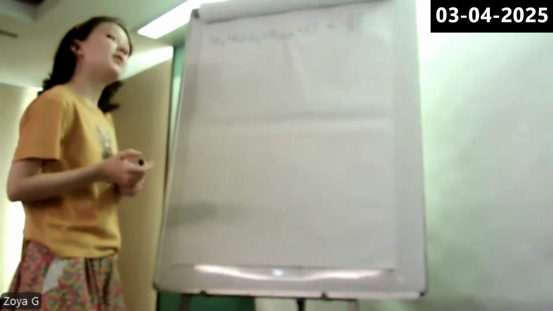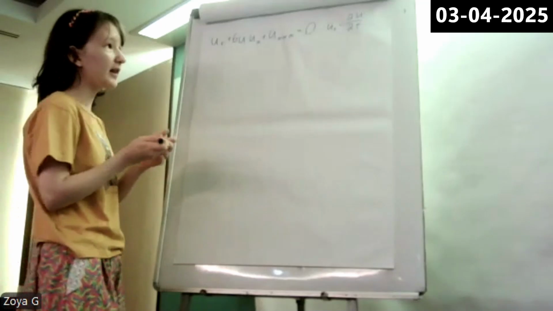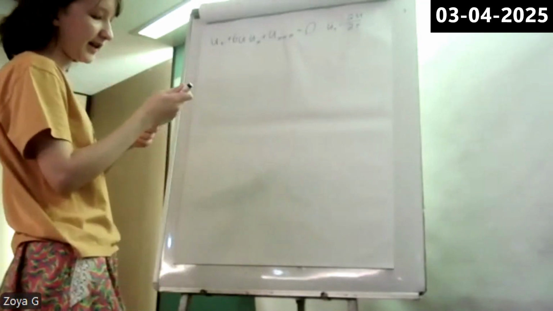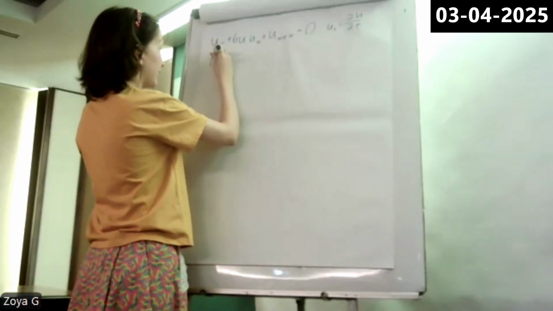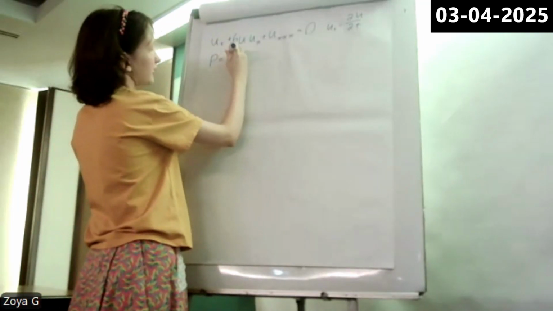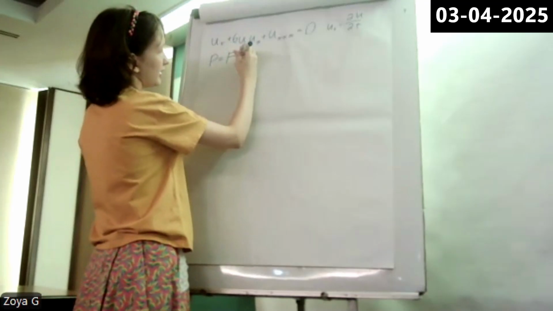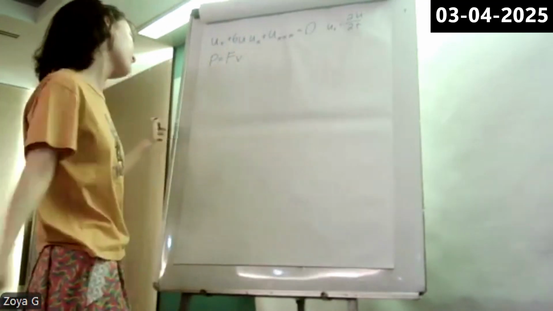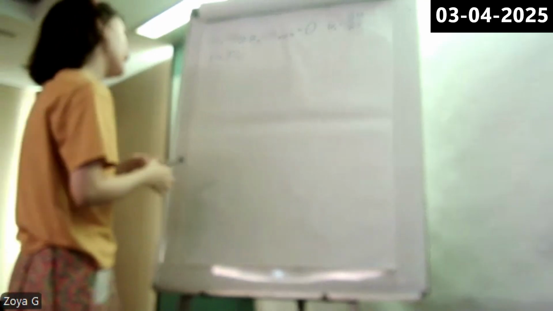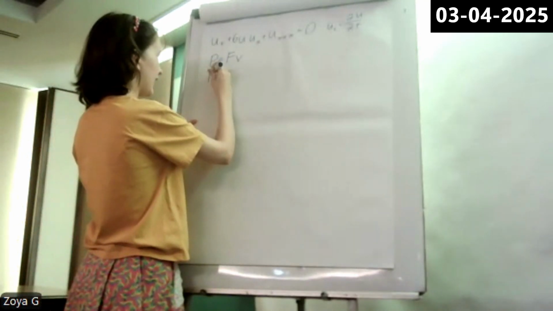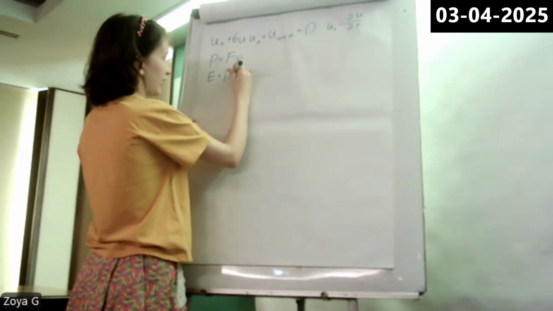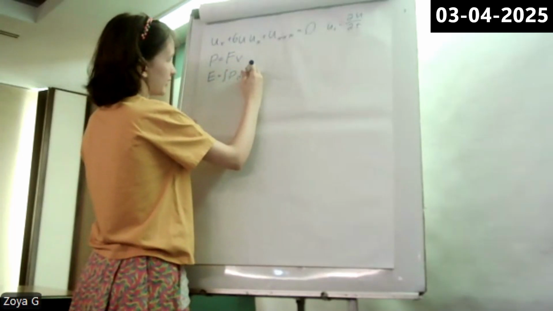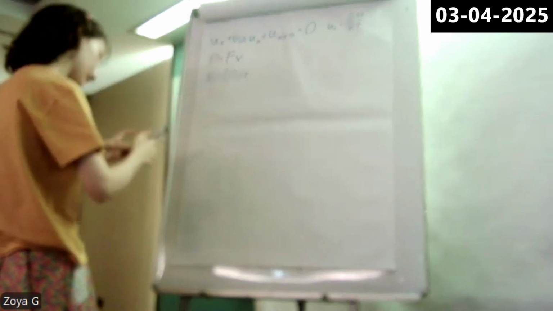Well, we multiply, we do this nice thing with power. If you remember from high school, power is equal to force times velocity. And energy is equal to the integral of power dt.